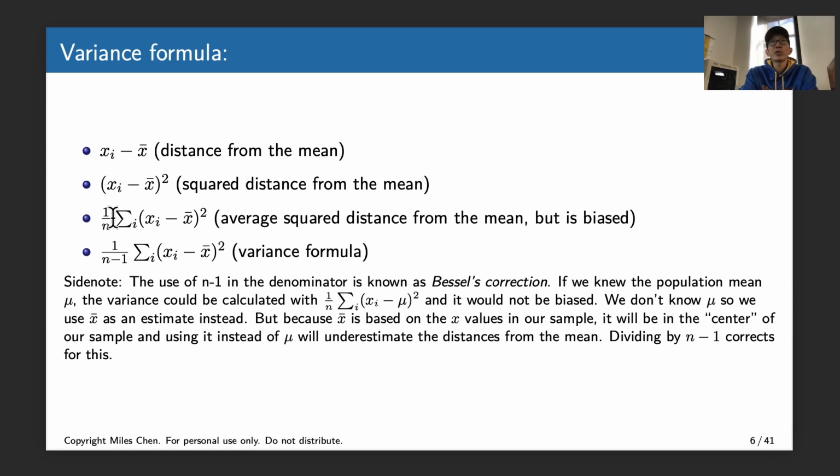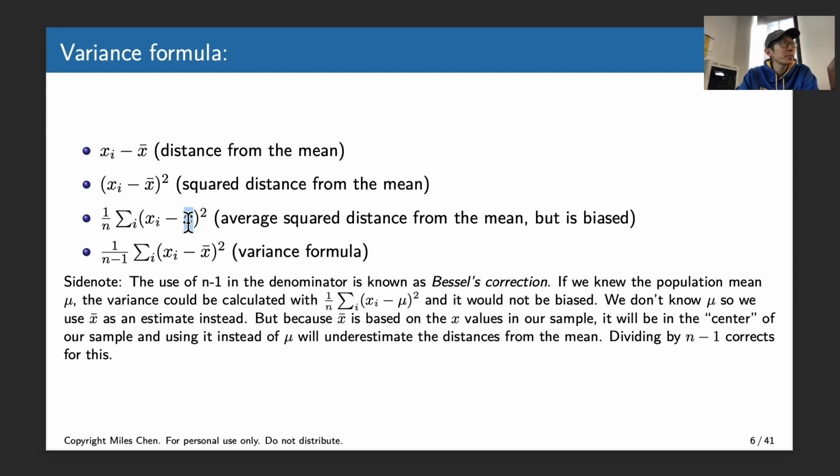Because what we're trying to do is estimate the population variance, which is the average squared distance from the population mean mu. This formula would be correct if we replaced x bar with mu.